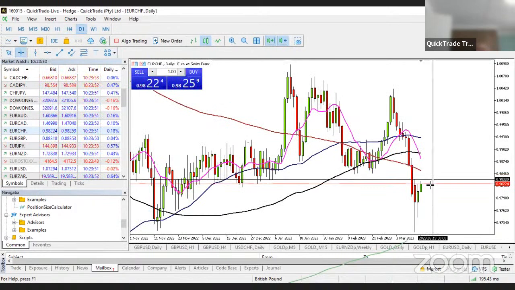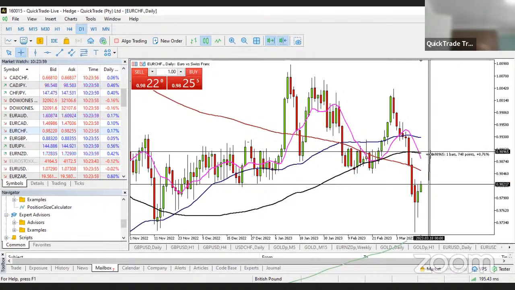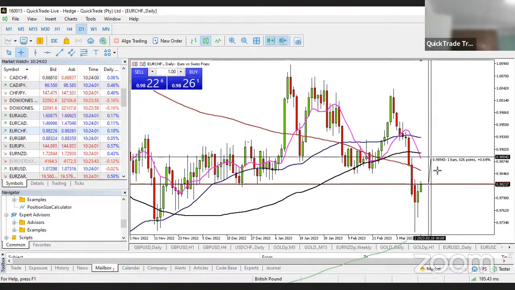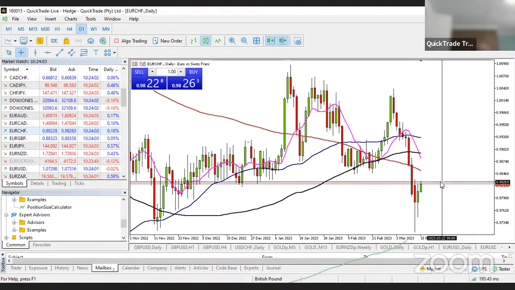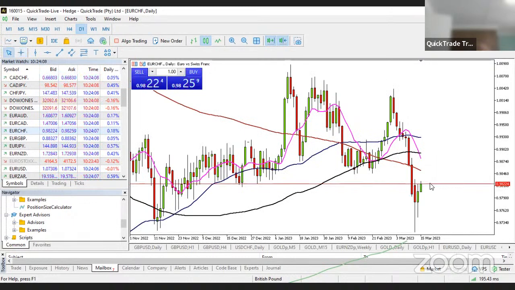Where can we put the stop? Oh, that's all right. Maybe put the stop here, 60, and then take it down to here. I'm starting to like it, actually. Yeah, Morris. What do you reckon, guys? Put it up.